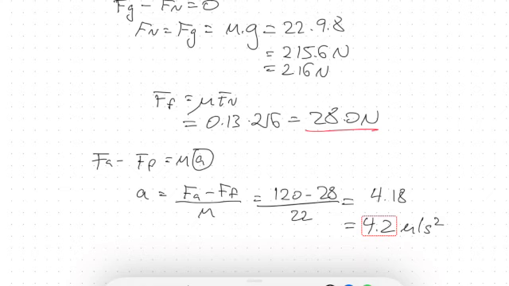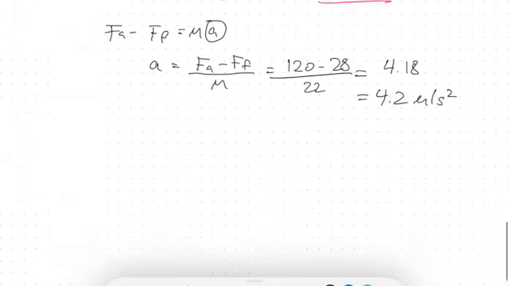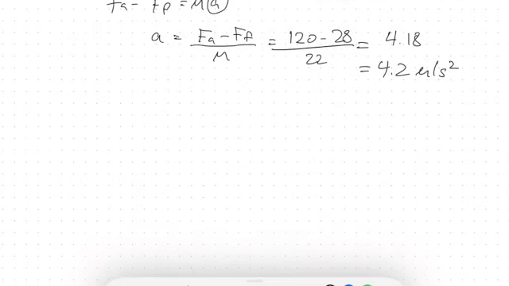There's a second question here. How fast will the block be after 5.2 seconds? So how fast is really asking about velocity final. What's the speed at the end? This is a kinematics question smuggled in.